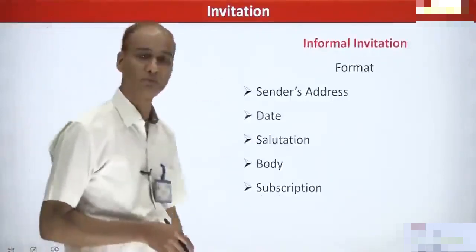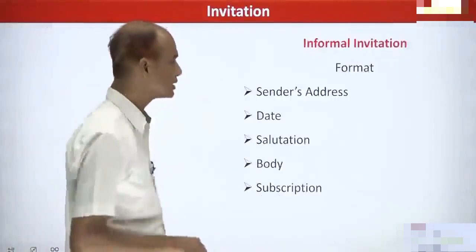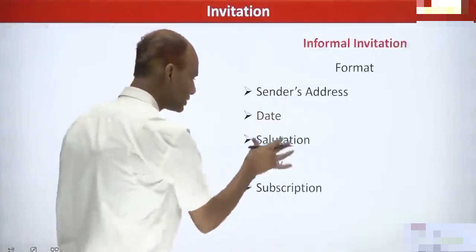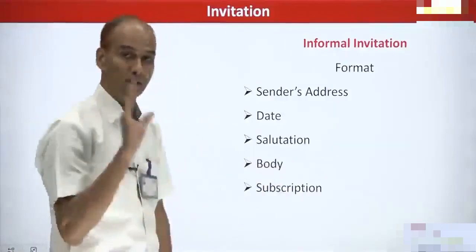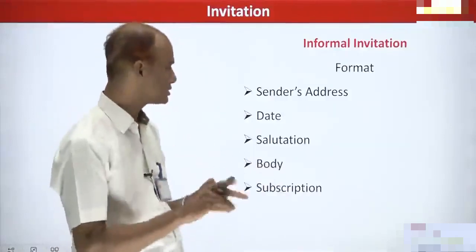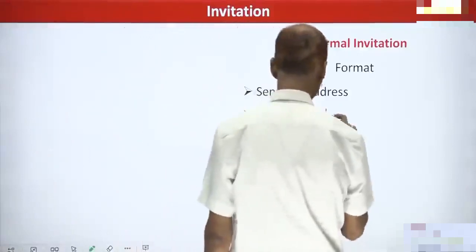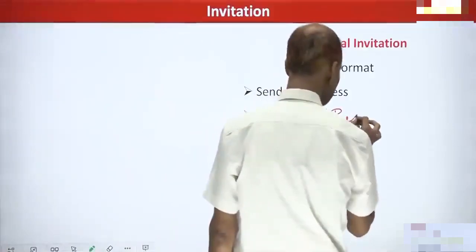Now informal invitation. So in informal invitations, it's again very much simple. Sender's address, date, salutation, body, subscription. Now I told you earlier what's the difference. We are avoiding subject. No need of what? These two things.